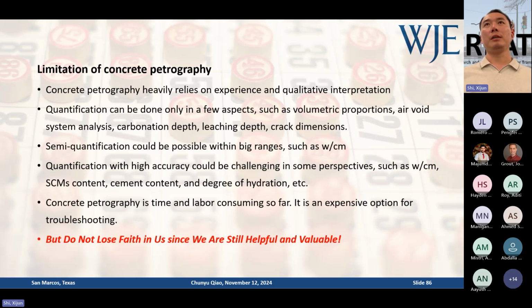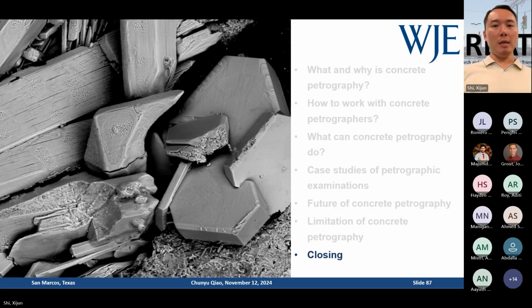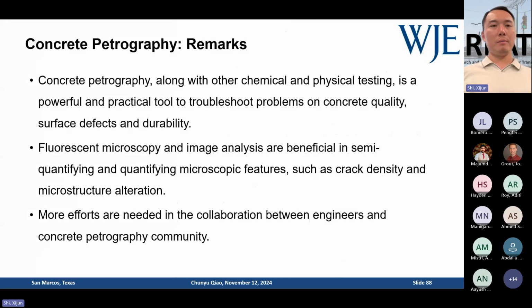Sometimes you cannot avoid petrography, even though it's expensive, because in a lot of cases it's the only way to tell you what has happened to your material. And that is mainly what I want to convey in these 2 hours.